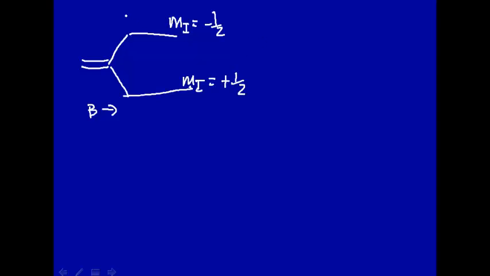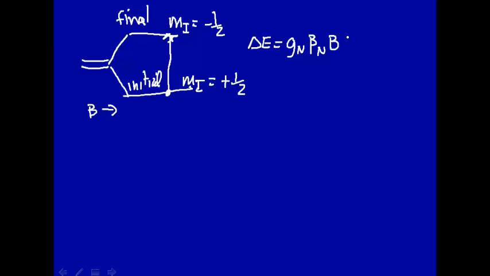So if we call this the final state, and this the initial state, and we're going from the initial to final, this corresponds to an absorption. We said that delta E was equal to the nuclear g factor times the nuclear magneton times the magnetic field times m sub I. So that is the splitting here.